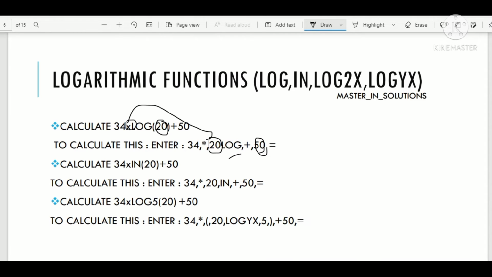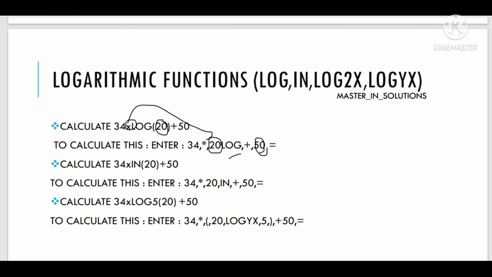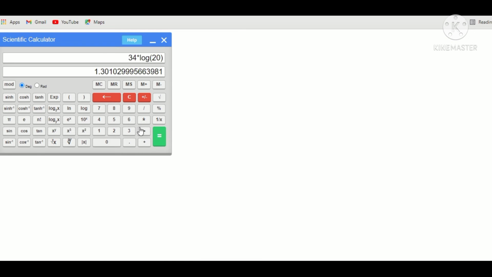Let me see in the scientific calculator: 34 into, and we have to enter the number in the log x manner, that is 20. The reason we enter the 20 before the log is that this is going to be 20 within the x number, and then we have one more addition, that is plus 50.